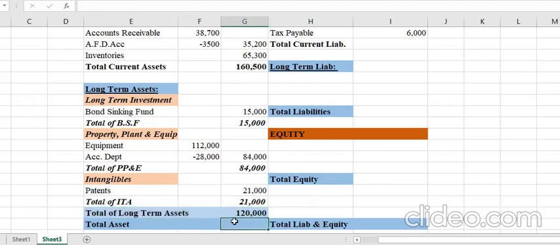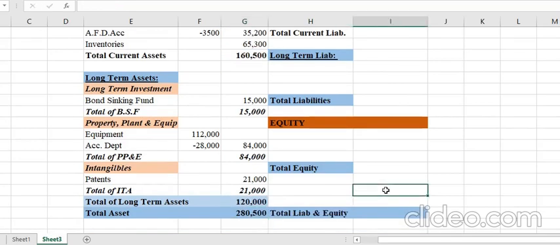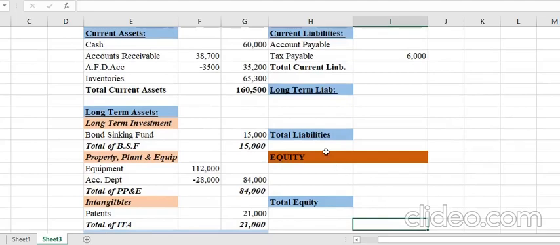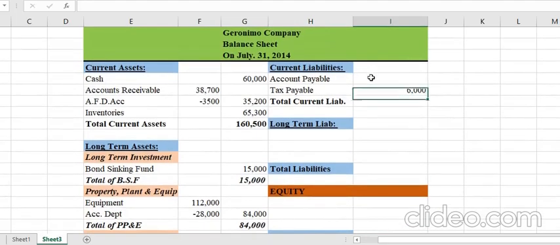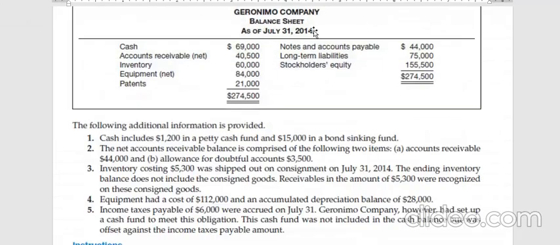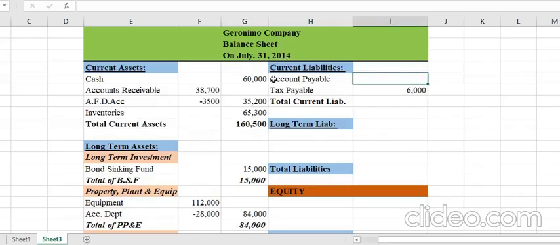So what will be the total of assets? The total of the assets would be the total of the current assets plus the total of the long-term assets, and my total assets are 2,80,500. So let's go to the current liability side now. In the current liability, what do we have? Notes and account payable. So it's not account payable only, it's notes and account payable.